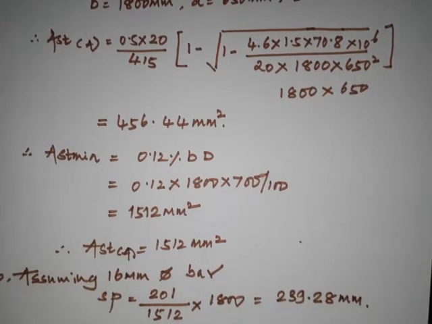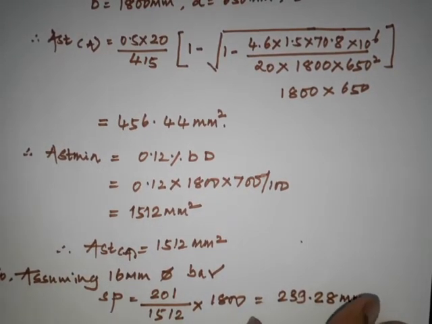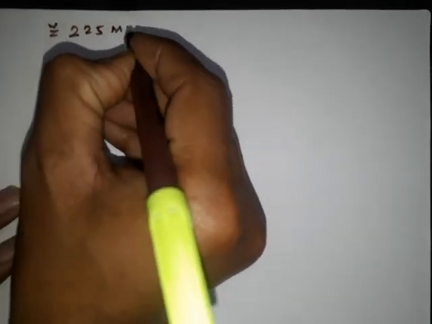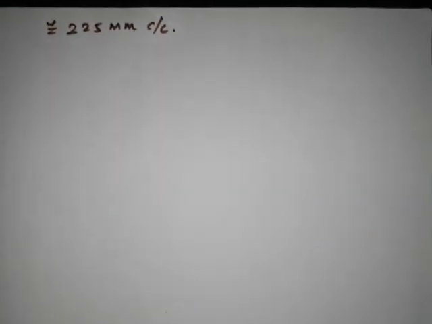So then after that, we got the spacing as 239. So I'll consider that. So I'll make it as 225 mm center to center. So it is 225 mm center to center.